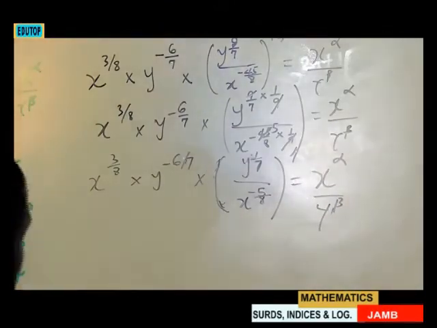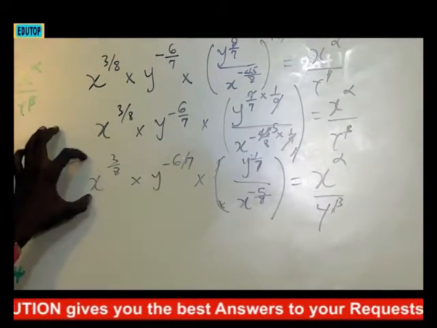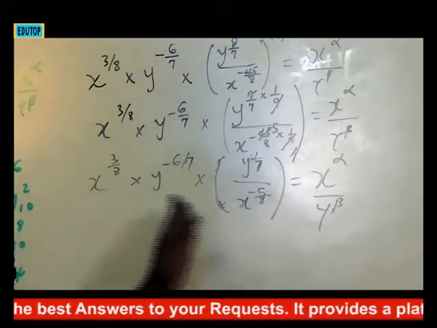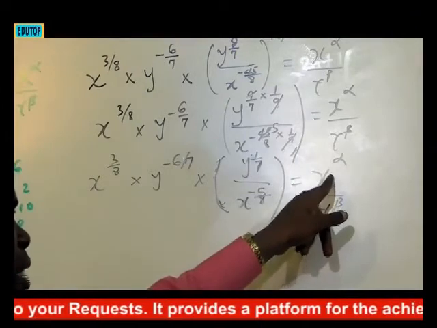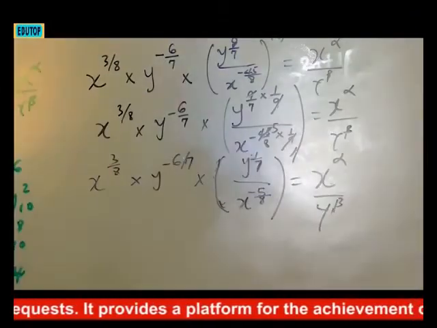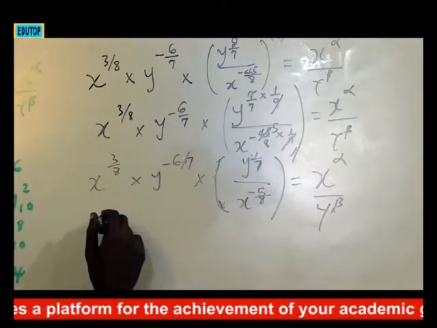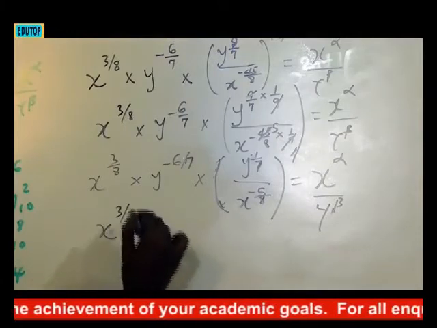Now, what we tend to do here is to find a common expression for our x and y, so that we can pair them up with x raised to the power alpha and y raised to the power beta respectively. So by so doing, I have x raised to the power 3 over 8.